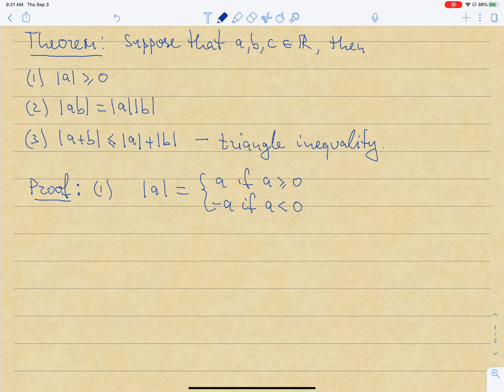So the first part of this is well already done, right? If A is greater or equal than 0, then absolute value of A is equal to A, so there is nothing to do in this case.